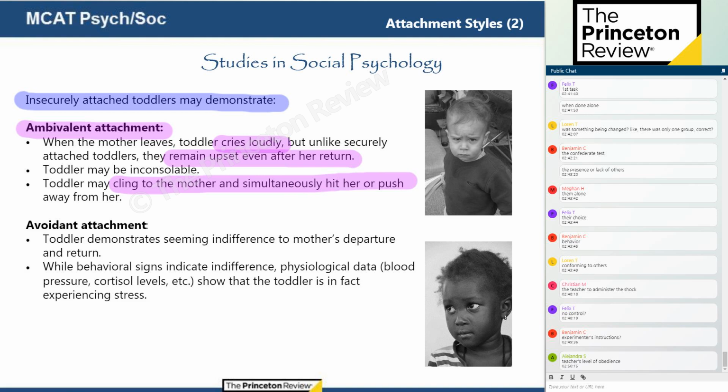Then we have something called avoidant attachment, where these kiddos are indifferent to mom leaving and to her return. It looks like they're cool as a cucumber, but they're not. Physiologically, they are highly activated.